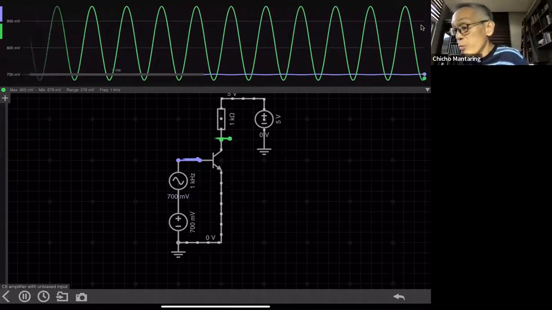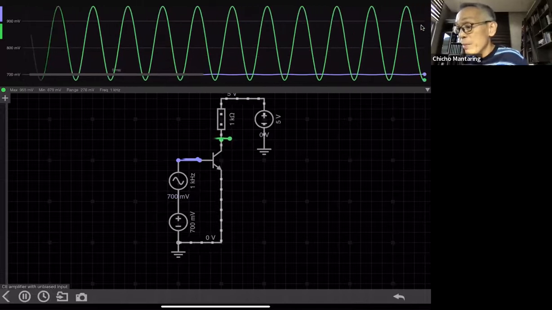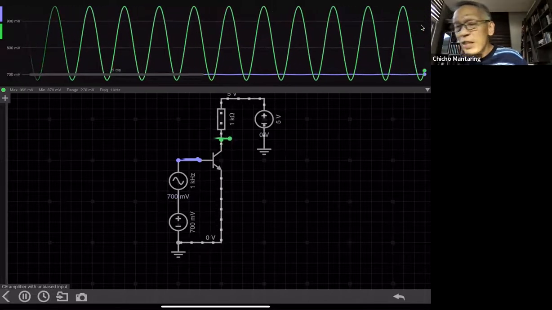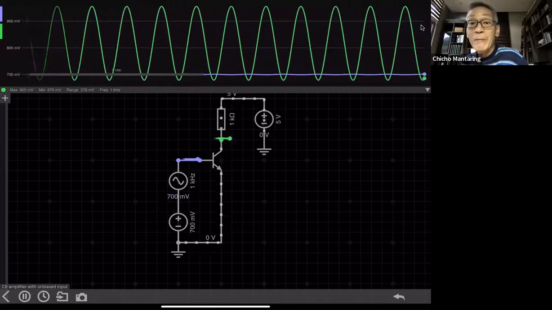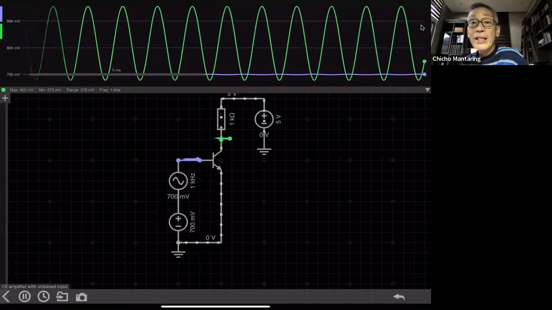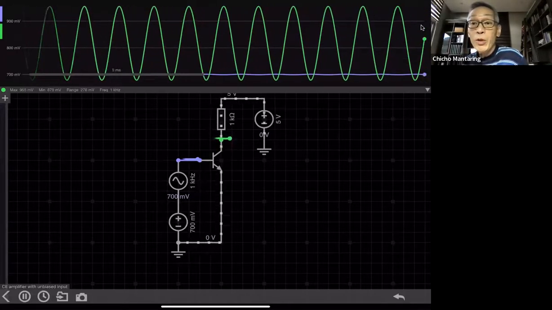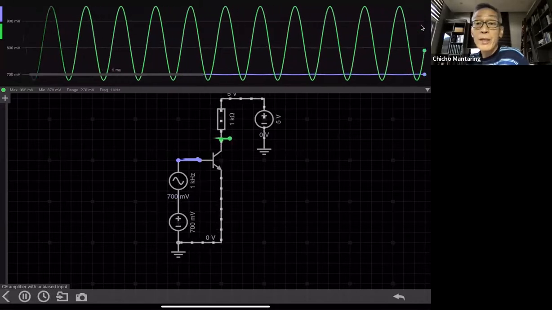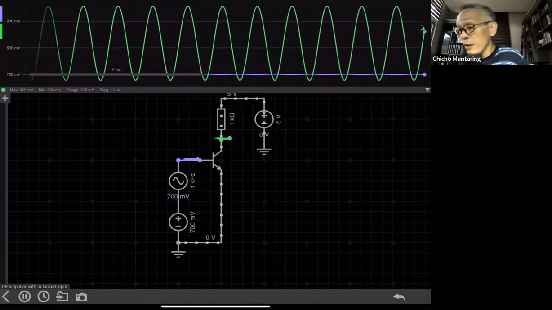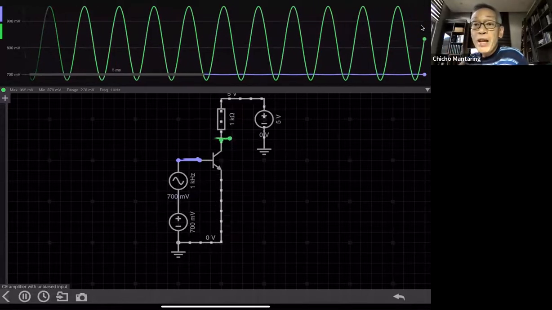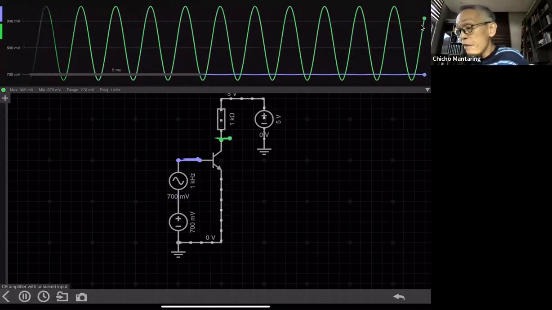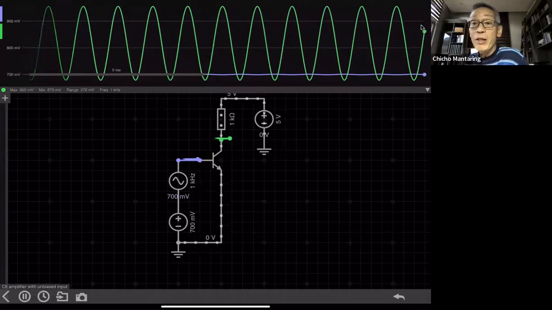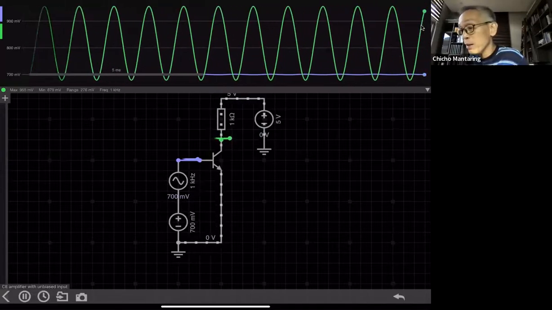But take a look at my output. My output now is 276 millivolts peak to peak. And it is a reproduction of my input, except that it is inverted. So for my 2 millivolt peak to peak input, I have a 276 millivolt peak to peak output.